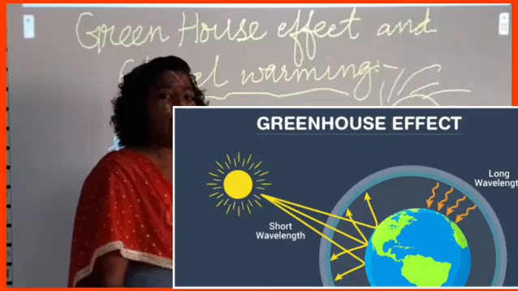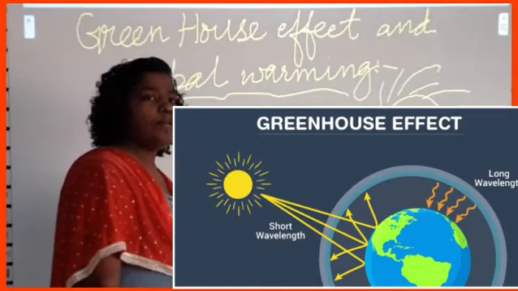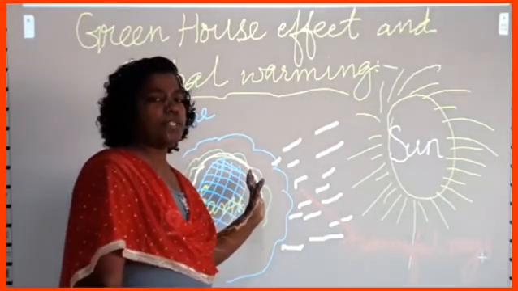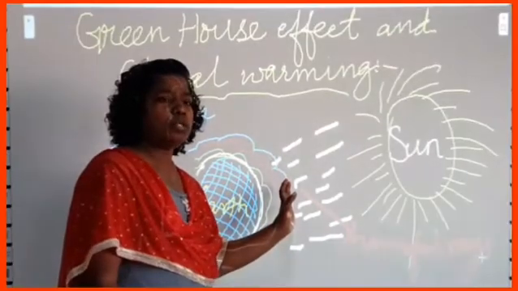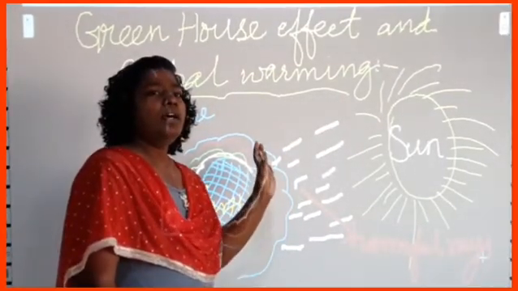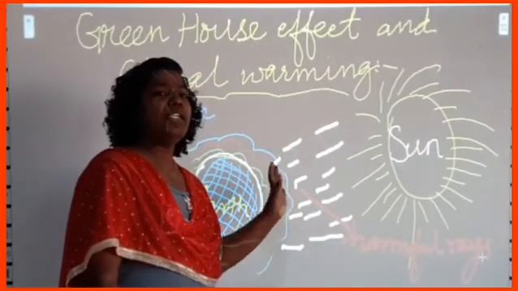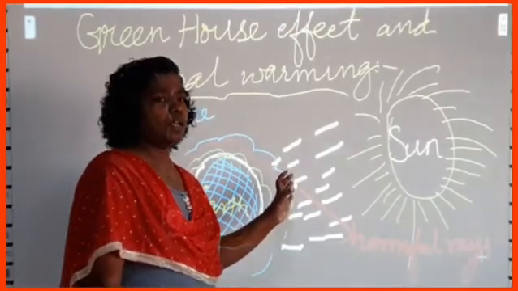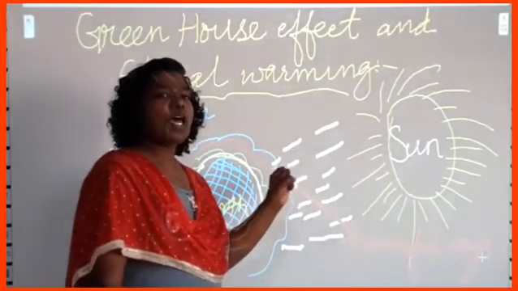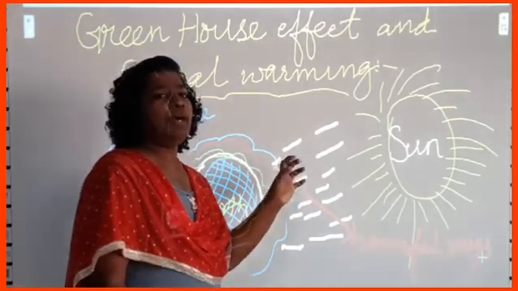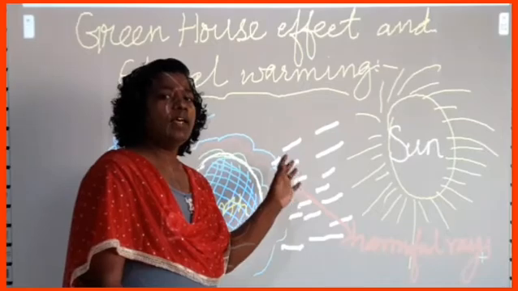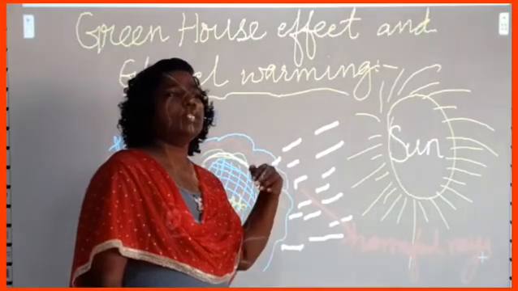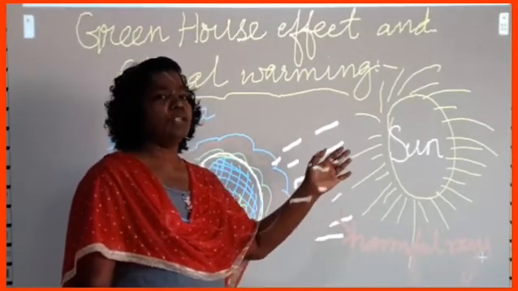These are different gases found in the atmosphere. When the heat reflects back to the atmosphere, some of the heat will be trapped by the gases that exist in the atmosphere, and some amount of heat will be released to the space.